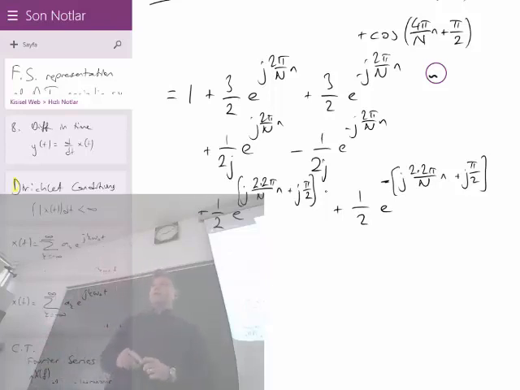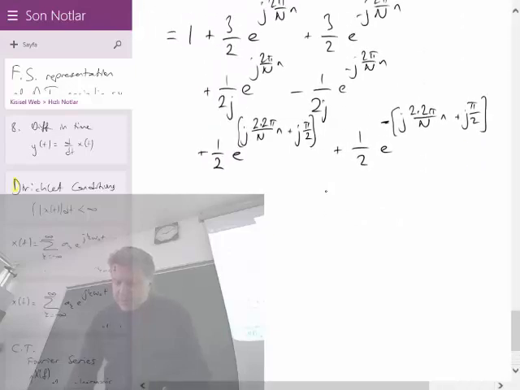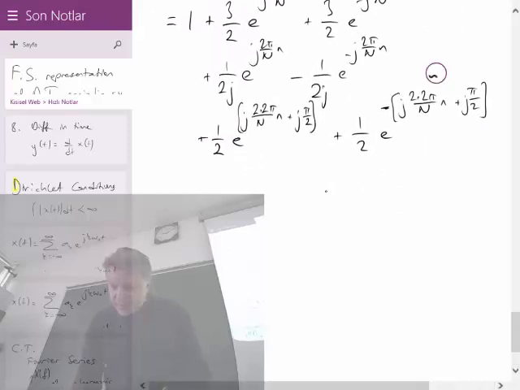Now, all you have to do is combine properly and extract the information which corresponds to the coefficient or the harmonic itself. When we combine, first of all, the two exponential terms in the first line and the second line can be combined. It's the easiest to combine them first.